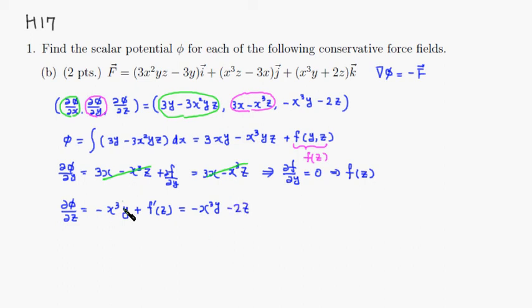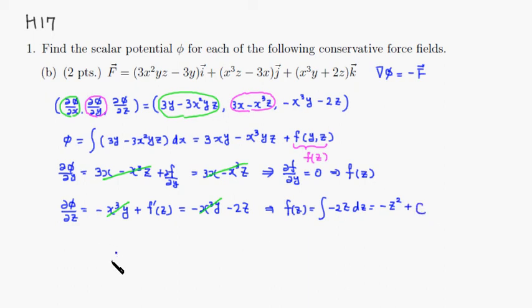Then you can see that we can cancel negative x cubed y on both sides. So f of z would be the antiderivative of negative 2z with respect to z, which is negative z squared plus some constant c.